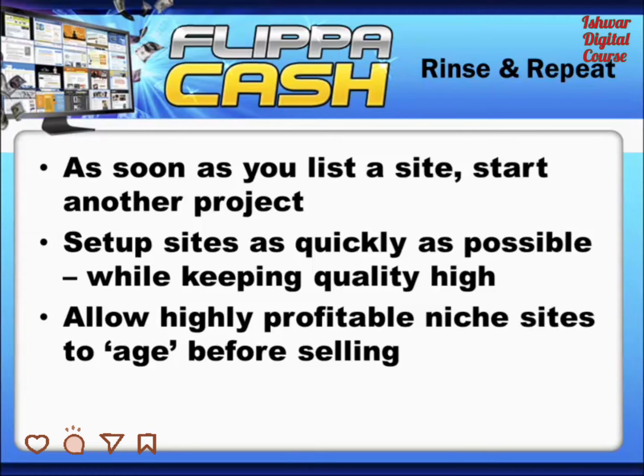If you get a site to a point where it'll make you $500 a month, you can sell that easily for $3,000-$4,000. It just depends on how you can prove things as far as what the site's actually doing.